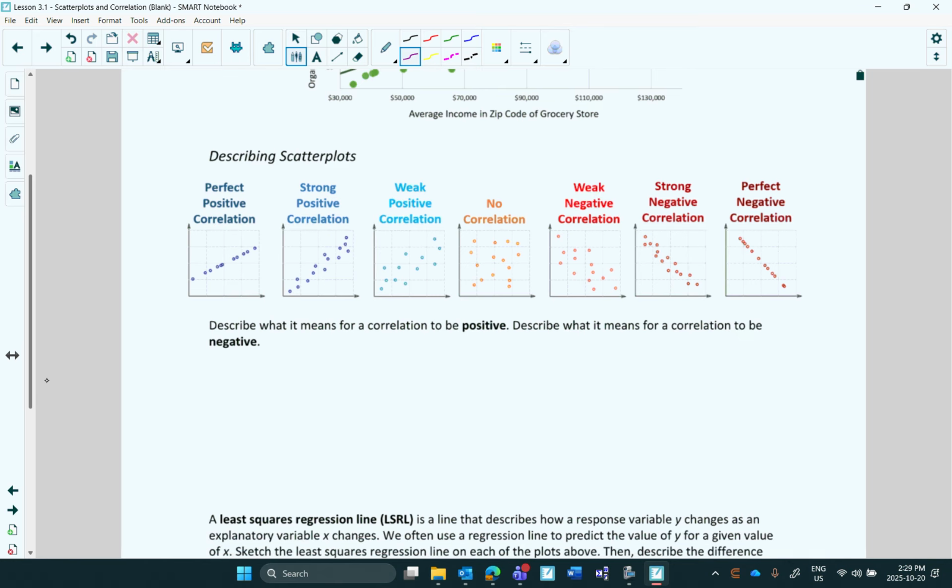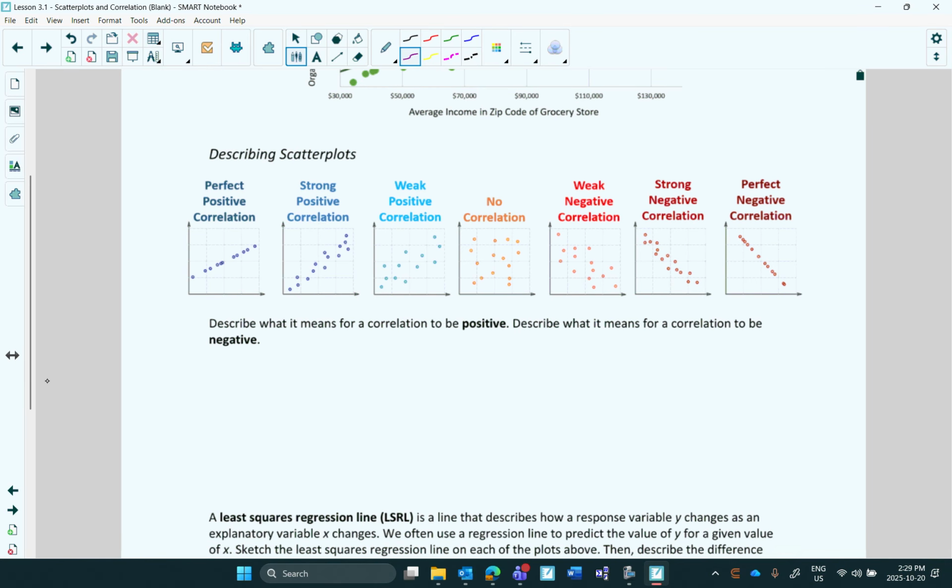So you can see here a bunch of scatter plots, and it shows you the strength of the relationship, among other things. It also shows you the sign of the relationship, but we'll get into that in a second.